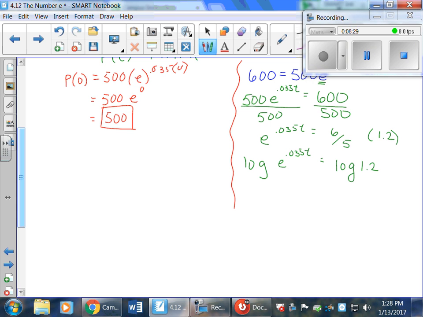So using our power law, it's 0.035t log e is equal to log 1.2. Now we're solving for t, which means we have to divide by 0.035 log e. You can do it in one step if you want to.